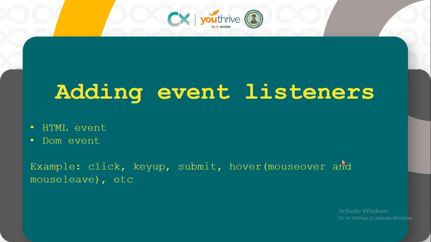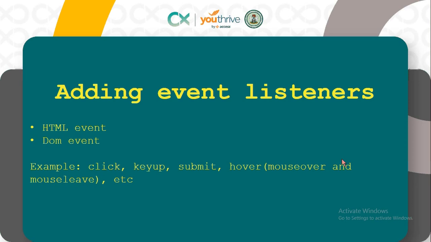Event listeners don't listen to any other event, only that one that is specified. And once that event is fulfilled by the user, it carries out an action based on how you program it.